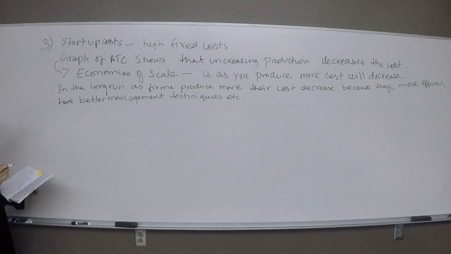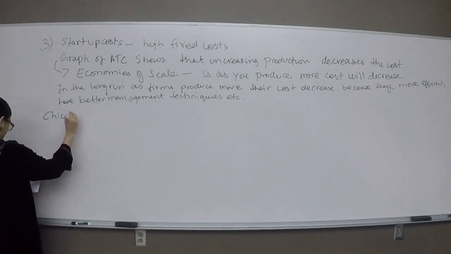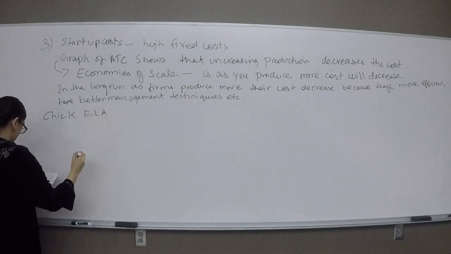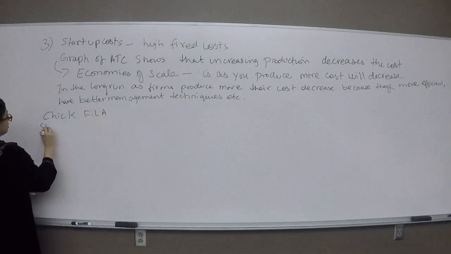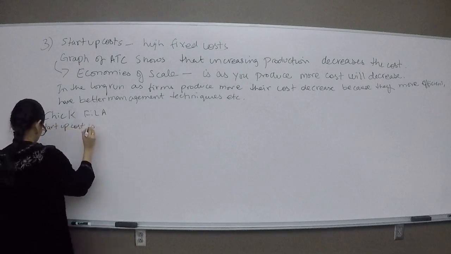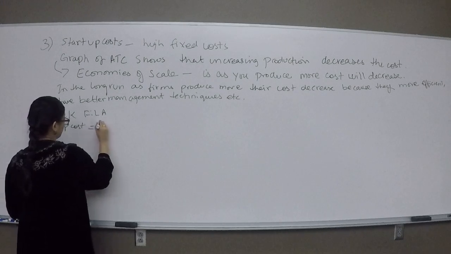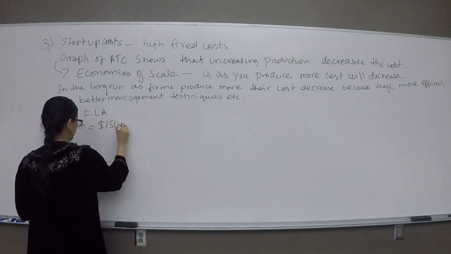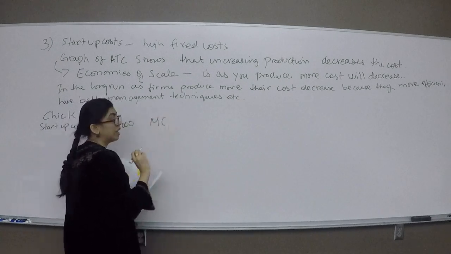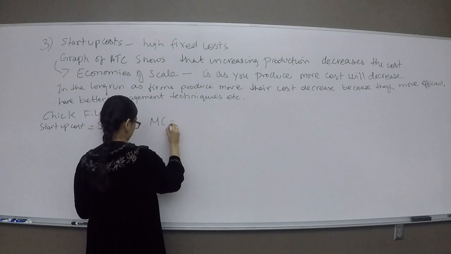So we're going to do an example, a simple example, Chick-fil-A. Their startup cost is $150,000. Their marginal cost, meaning cost of producing one sandwich, is $2.